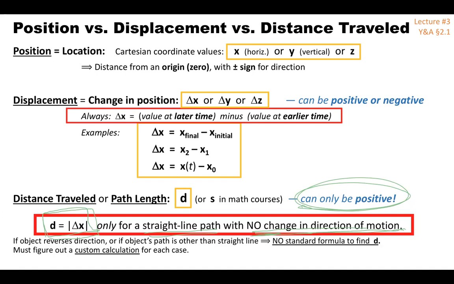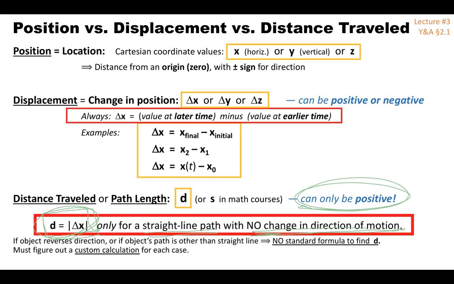Even along a straight line road, the object can never reverse during the time interval over which we're calculating this delta. If both of those things are true, then the distance traveled is the absolute value of the displacement. And if the displacement happened to be forward in the positive x direction, then the distance traveled and the displacement are exactly the same.